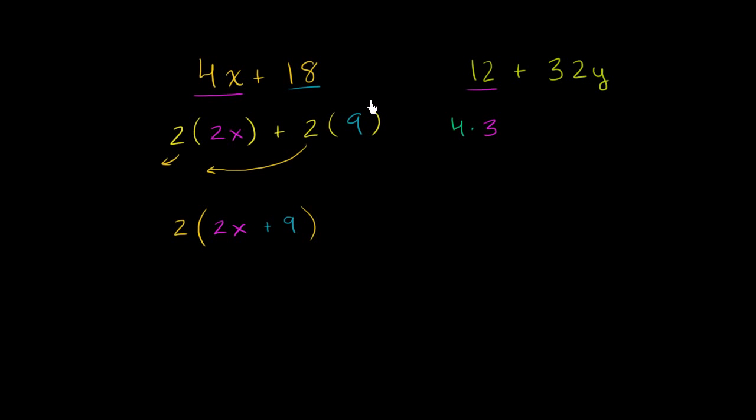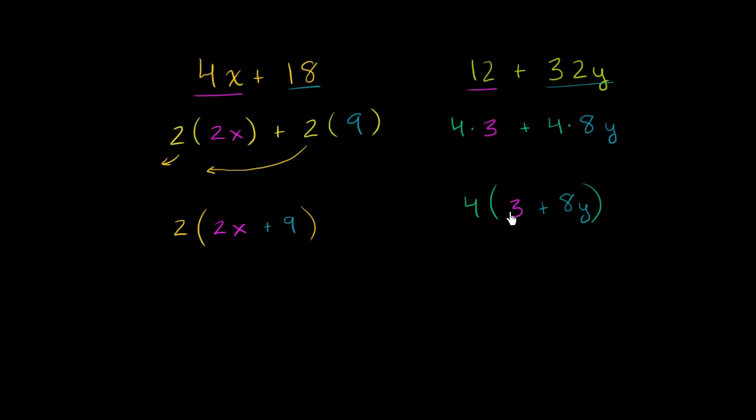And 32 we can rewrite, so this is going to be plus 4 times, well, if you divide 32y by 4, it's going to be 8y. And now once again we can factor out the 4. So this is going to be 4 times 3 plus 8y.